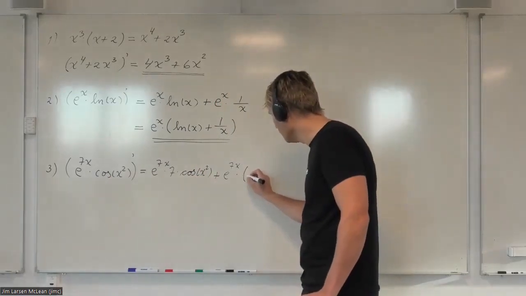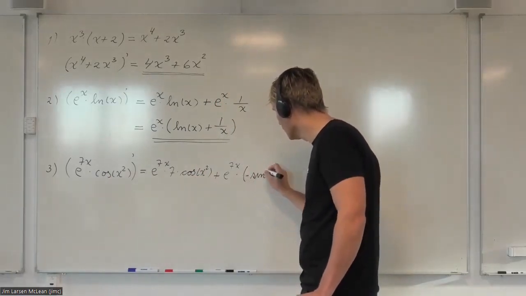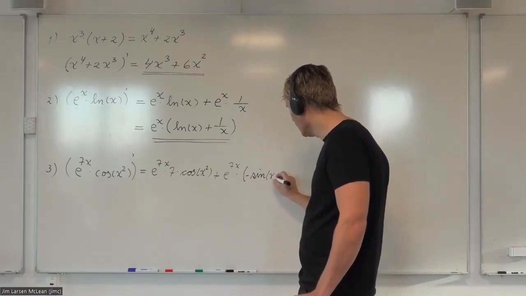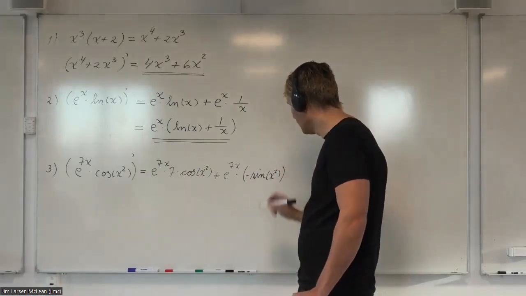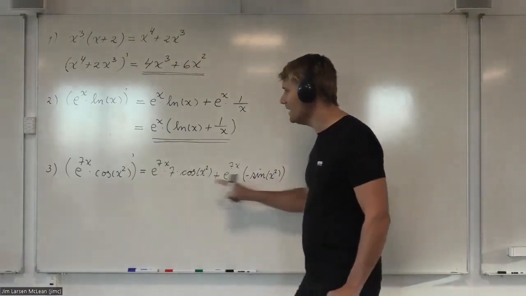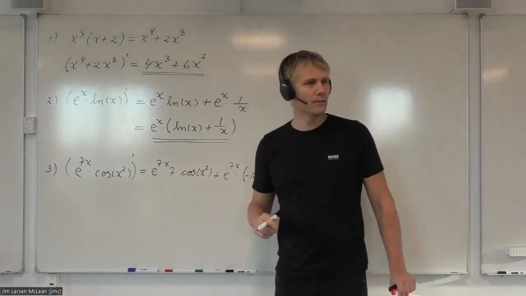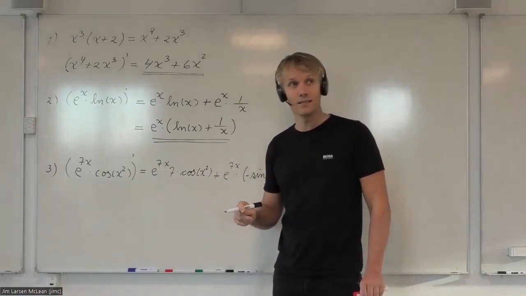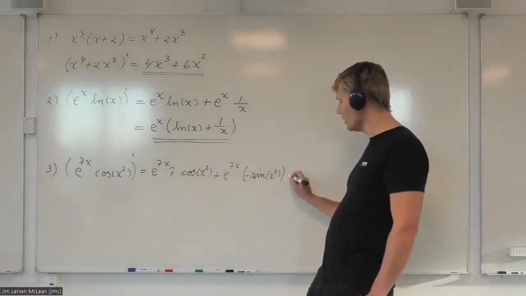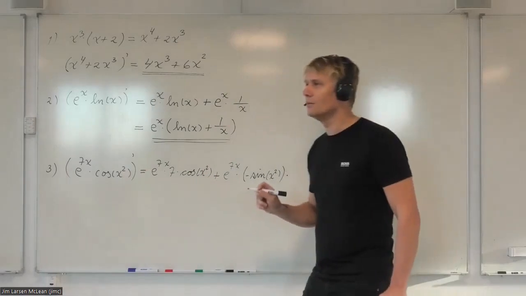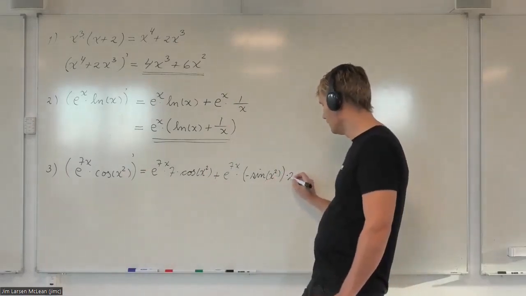So I need to multiply by negative sine of that something, which is still x squared. So this is cosine of x squared differentiated with respect to x squared. But I'm not supposed to differentiate with respect to x squared. I'm supposed to differentiate with respect to x. So I also need to remember to multiply by x squared differentiated, and that results in 2x.